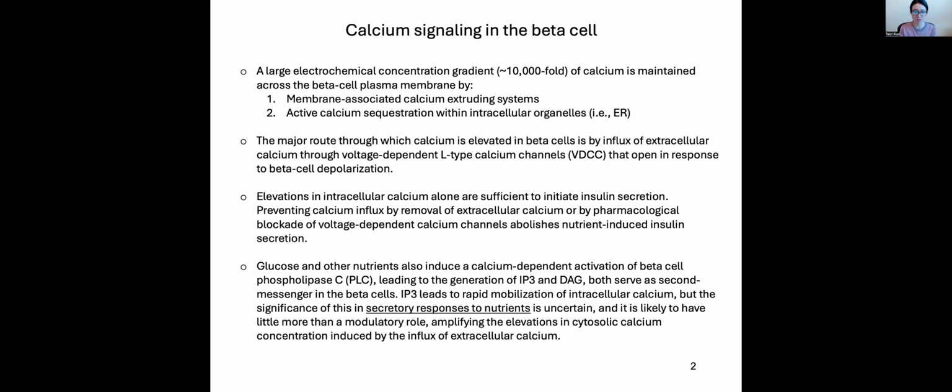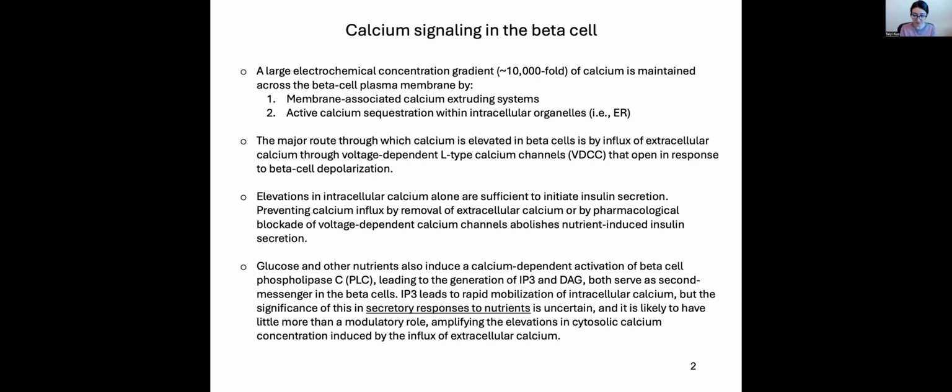So we did talk about there is another source of calcium which is sequestered within the intracellular organelles such as ER. So glucose and other nutrients can also induce a calcium-dependent activation of the phospholipase C in the pancreatic beta cell. And we know that it will lead to the generation of IP3 and DAG. And both of them serve as secondary messengers in the pancreatic beta cell. And you've learned that the IP3 will lead to rapid mobilization of the intracellular calcium.